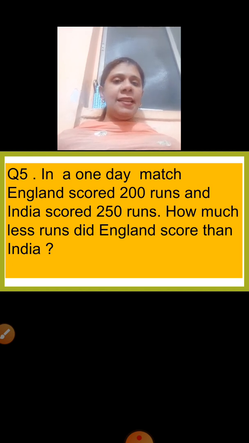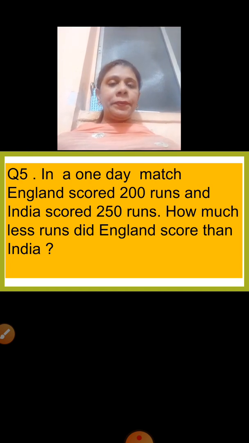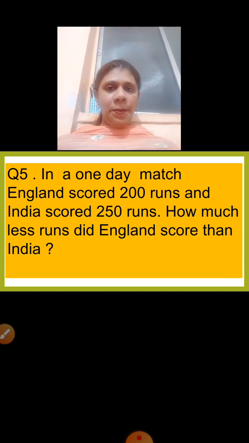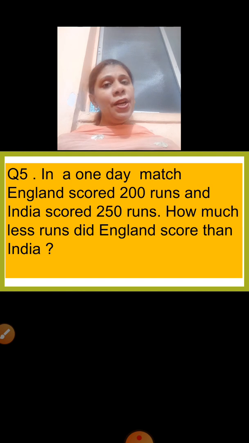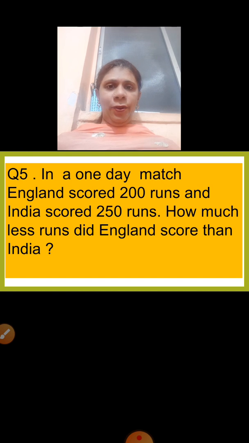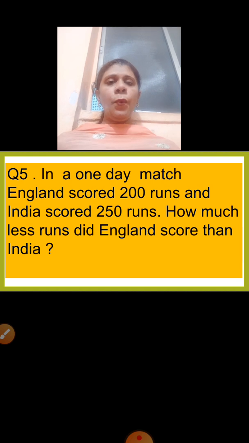To find this out, what are we going to do? Correct, we are going to subtract. We are going to subtract 250 minus 200, that is the score of India minus the score of England. Do the subtraction in your book, calculate and tell me what answer you are getting.